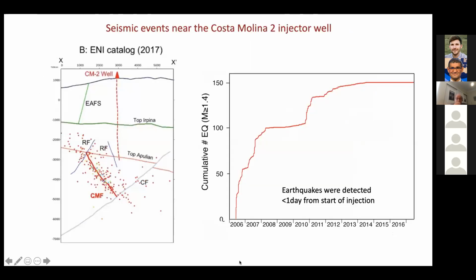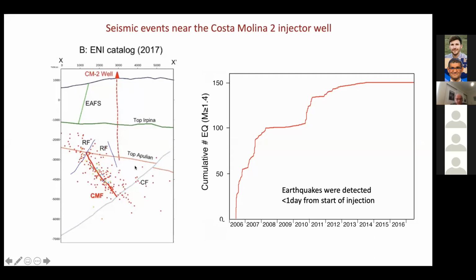Okay, a little simpler diagram of the cross section through that area with the injector well here and the seismicity, and this is the Cosmolina fault here. It abuts against this much larger fault here and some smaller secondary faults.